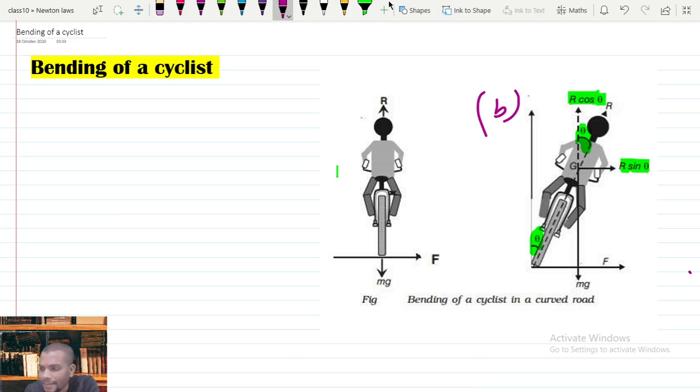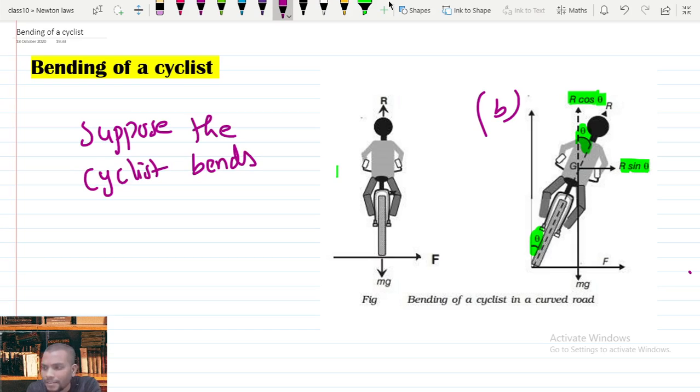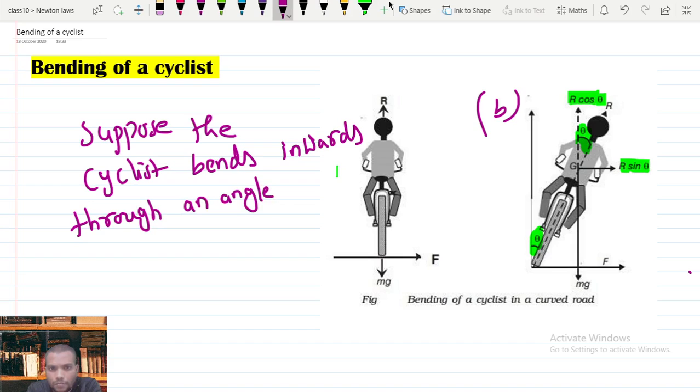Now from the figure you can write, suppose the cyclist bends inwards through an angle theta, then the normal reaction force resolves as follows.